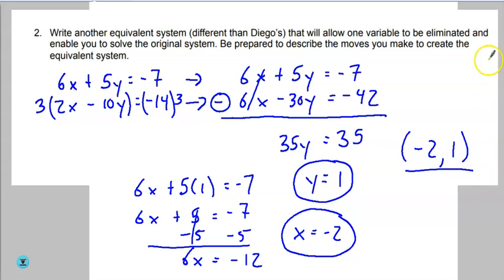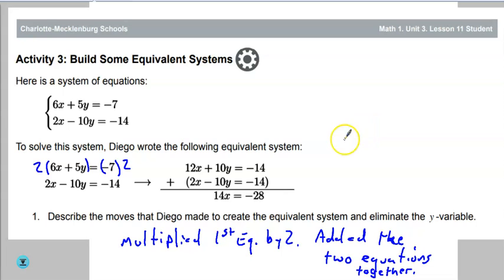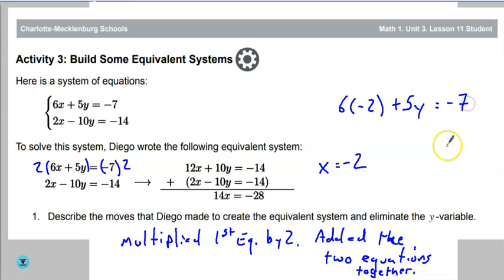Now if we go back to Diego's, when he ended up here, negative 28 divided by 14, he would have ended up with x equals negative 2. If he plugs that back in, 6x is negative 2 plus 5y equals negative 7.